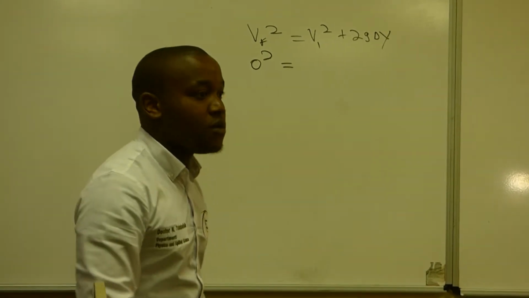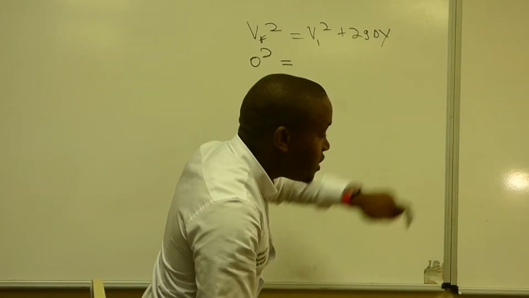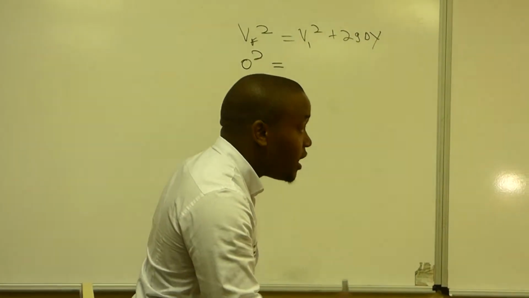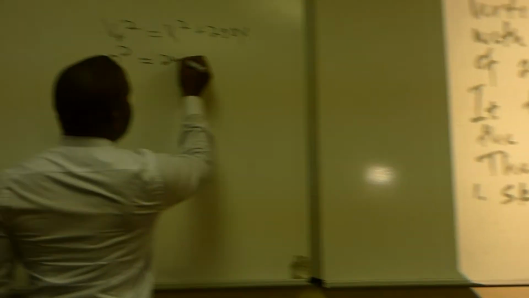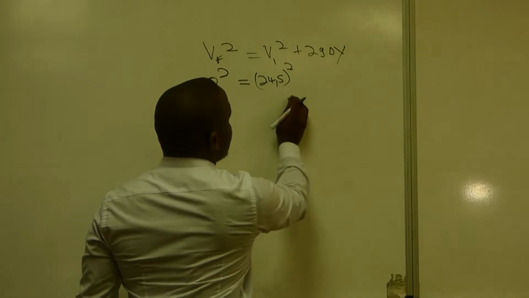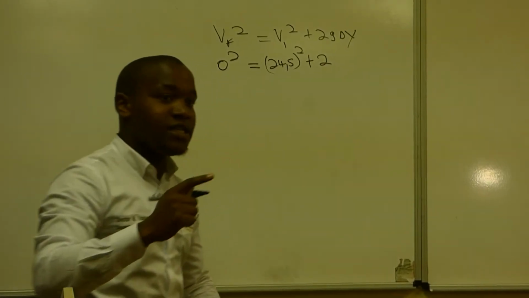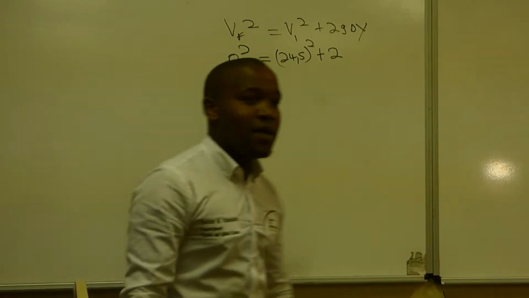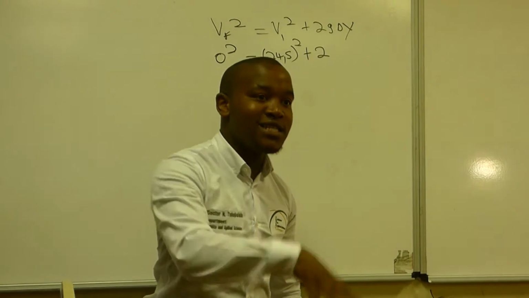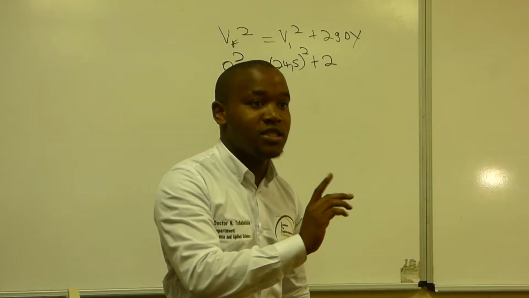Good. Now here, Temba, the initial velocity that the ball is being thrown up with is 24.5 squared plus 2 times my g. I said upward is positive, but remember, gravity pulls everything towards the center of the earth. So gravity will be negative if my upward is positive.